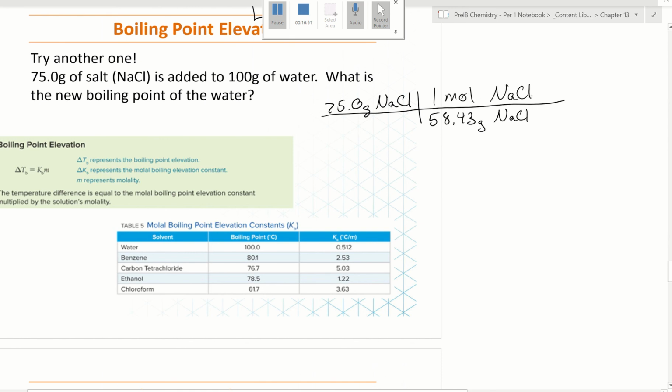Now here's where the electrolyte part comes in. For every 1 mole of NaCl, I have 2 moles of ions, 1 for the Na and 1 for the Cl. So I'm going to take 75 divided by the molar mass times 2.